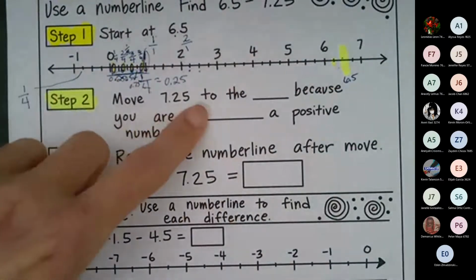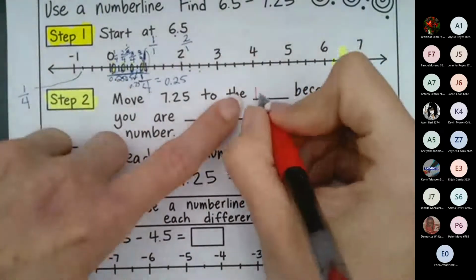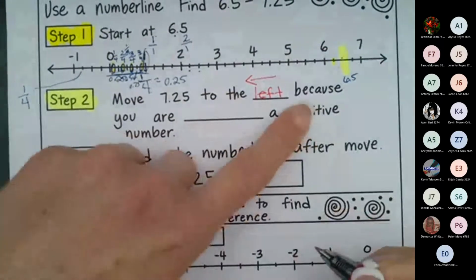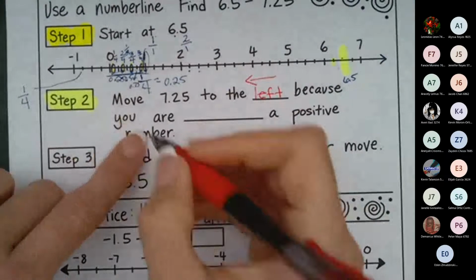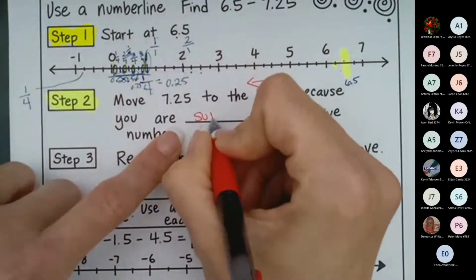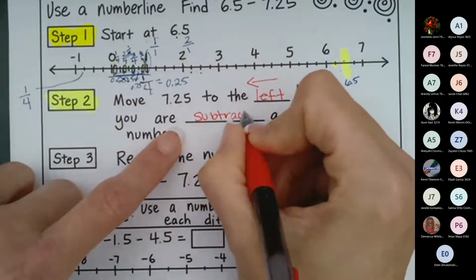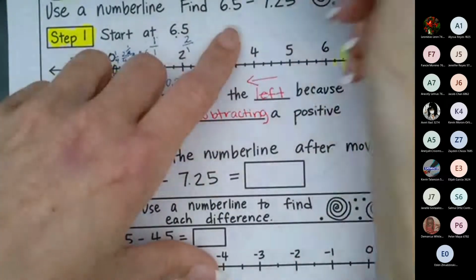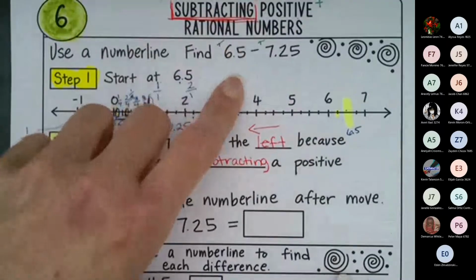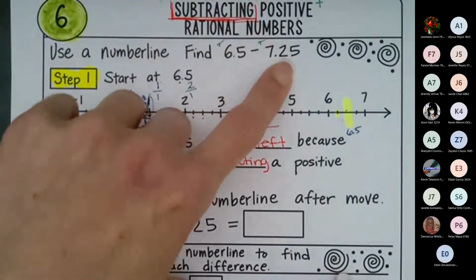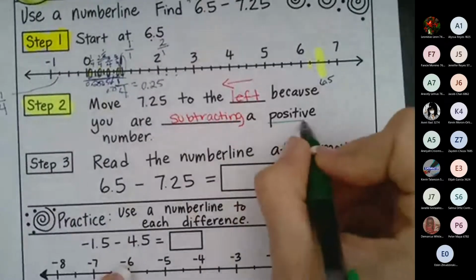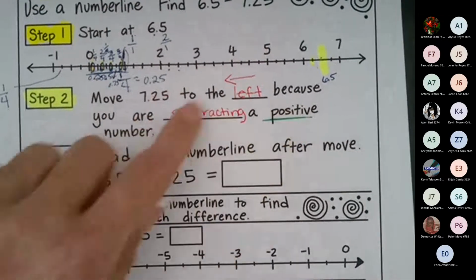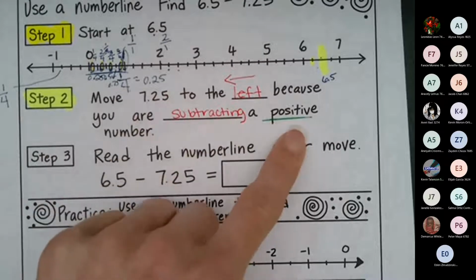So we're going to move 7.25 to the left because we are subtracting a positive number. Right here, 7.25 is positive, because there's no negative sign in front of it indicating that it's a negative number. It's very important that we understand that we are moving to the left because we are subtracting a positive number.